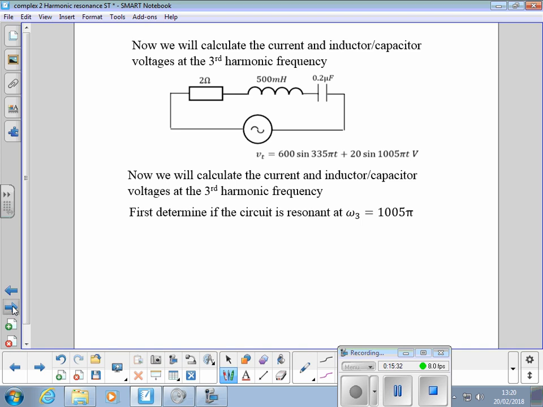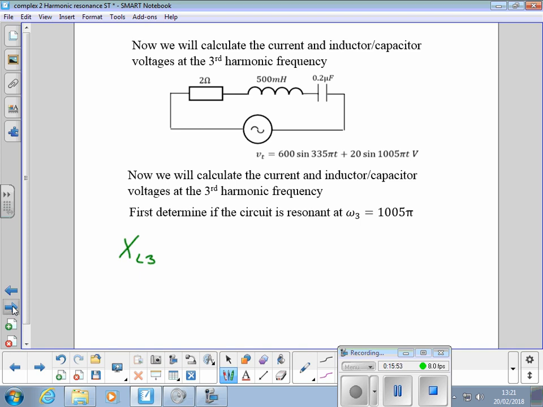What do we know about resonance? Find out XL3, find out XC3, and see whether they're near as damn it the same.